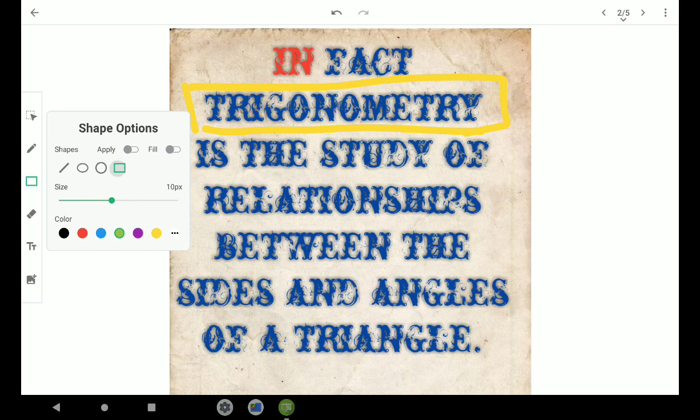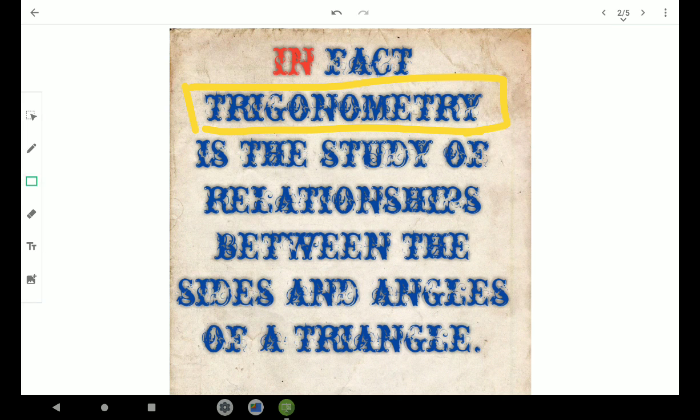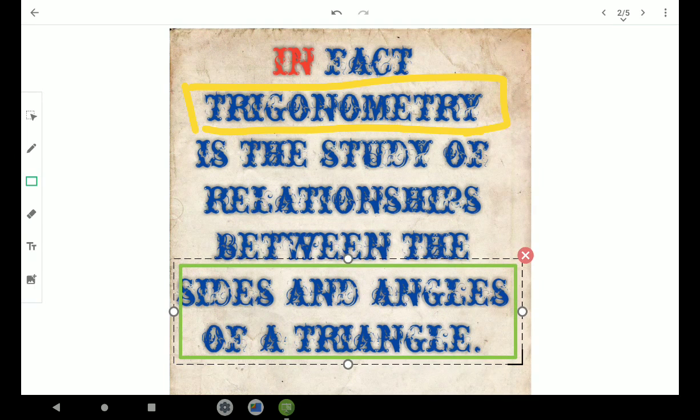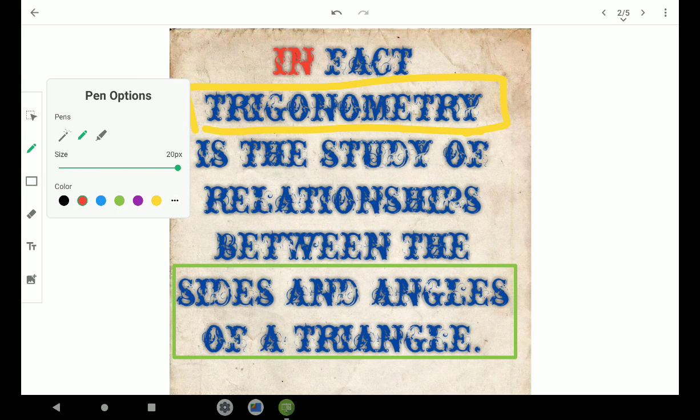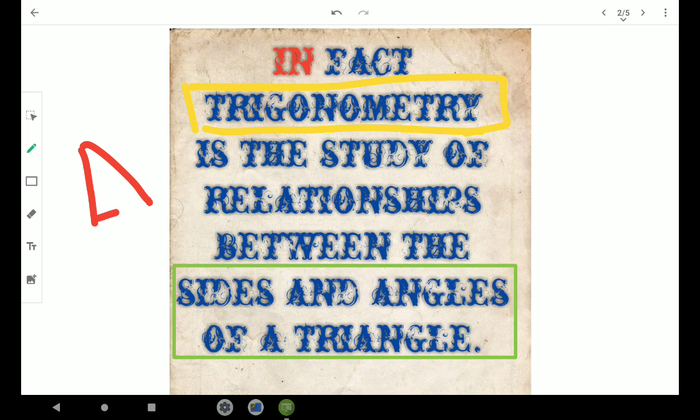This is a very notable and important thing that you have to study: it is the study of the relationship between the sides and angles of a triangle only, and we usually study this for a right angle triangle only. Now moving on to the next slide.